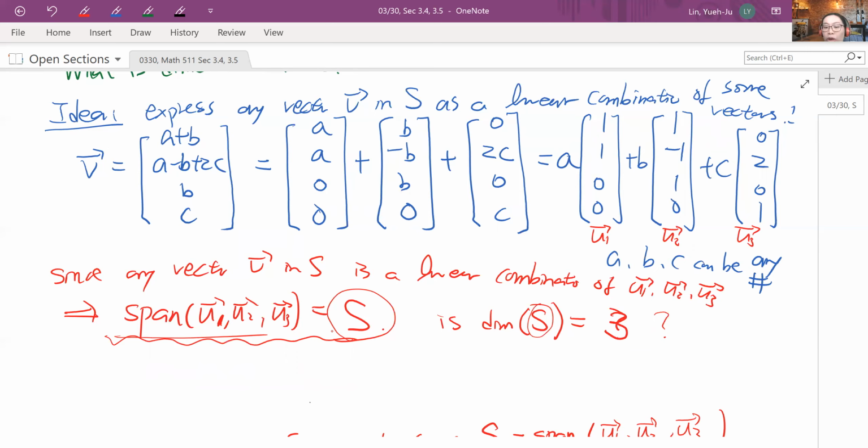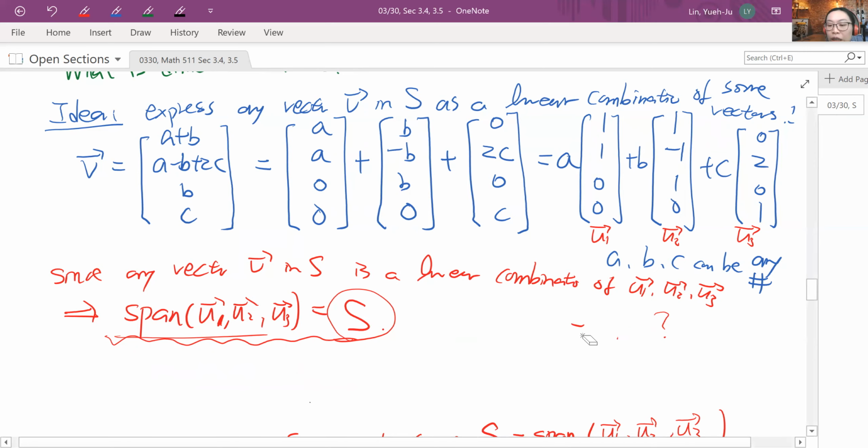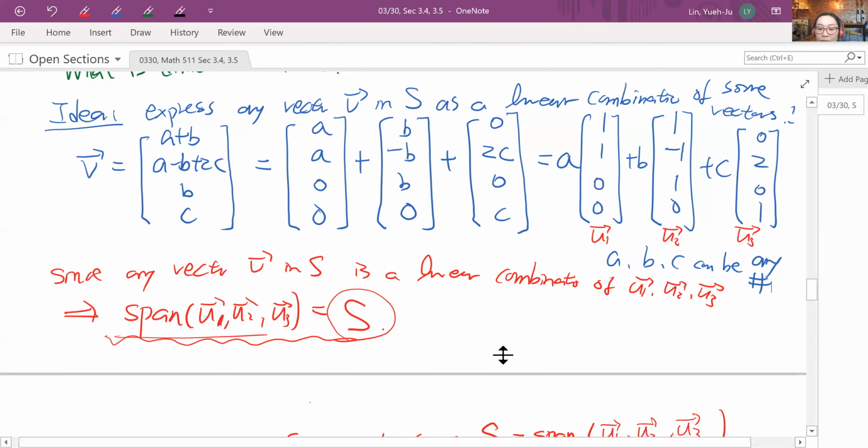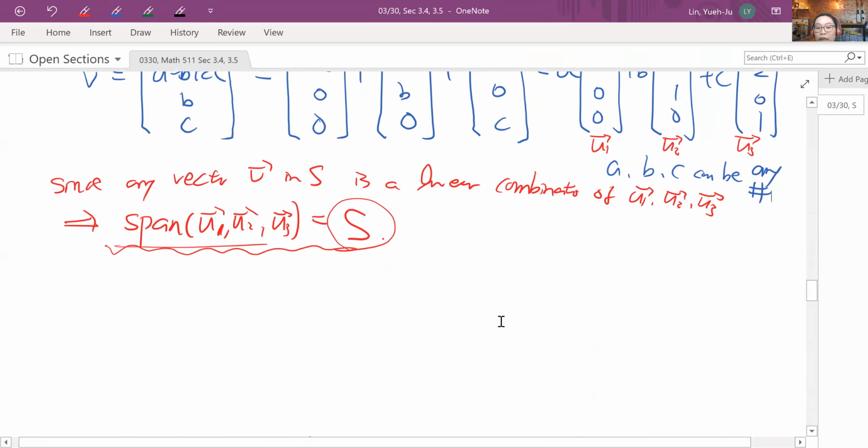So at this point, because I haven't checked the linear independency yet, this is exactly why I put this problem, because a lot of people confuse the concept of spanning set and linear independency. They're two separate concepts. At this point, I didn't tell you anything about whether these three vectors are independent or not, right? Of course, you might be able to directly see it, but actually it's hard to directly see it, so you actually need to check it.